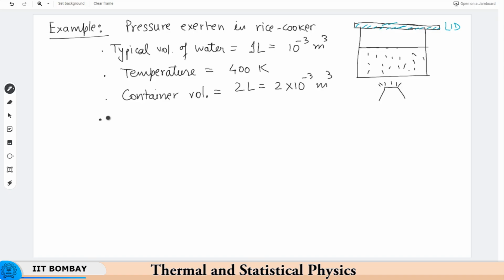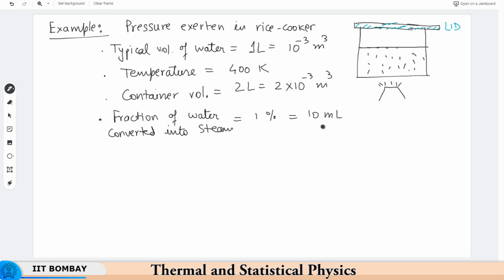When we cook rice, it's not like the entire water evaporates, it's just a fraction of the water you have used. Let us assume 10% of water turns into steam, but the rest of the water is boiling while still in the liquid state, and it is the gas which exerts all the pressure. So the fraction of water converted into steam is 0.1 liter, which is 10 milliliter.